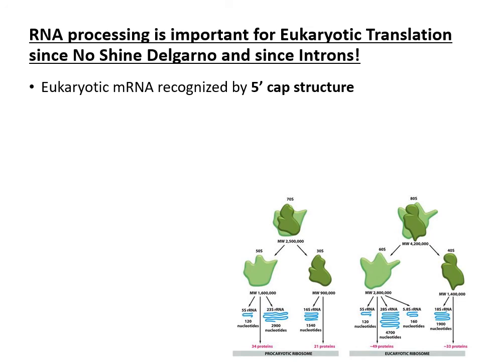Okay, so the RNA processing is important because instead of having a Shine-Dalgarno, the way prokaryotes did, eukaryotic mRNA is recognized by the ribosome because of its 5' cap structure that gets grabbed the way the Shine-Dalgarno does in prokaryotes. So think of the 5' cap structure as part of eukaryotic initiation of translation.